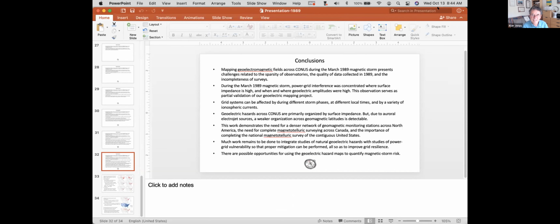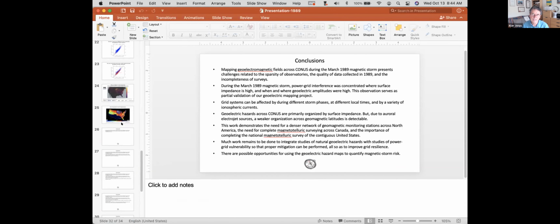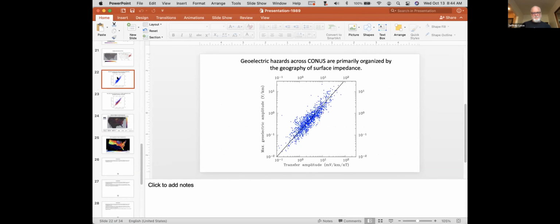And that's with regard to the comment you're making around how it's primarily organized by surface impedance. Is that implying that, in fact, contact charges on conductivity boundaries is a stronger effect than induction, as in the whole of the deep Earth? At long periods, you're going to have quite deep induction, right?